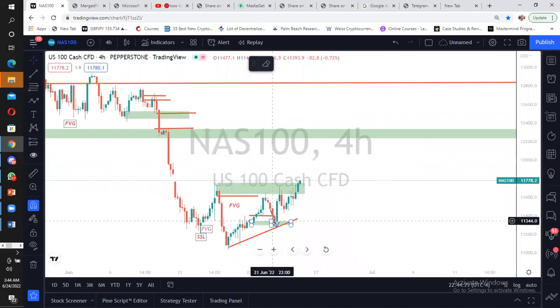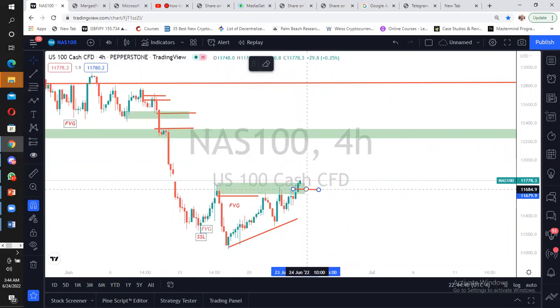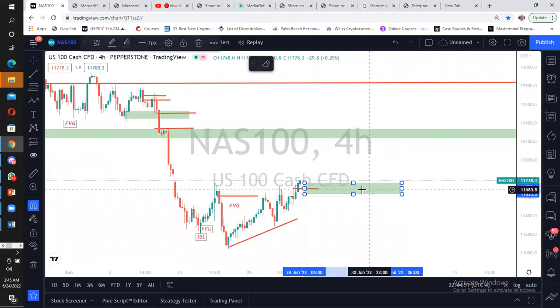Good. So here, as you can see, it's broken structure up. That's a good indication that what we have to look for is a way to buy.